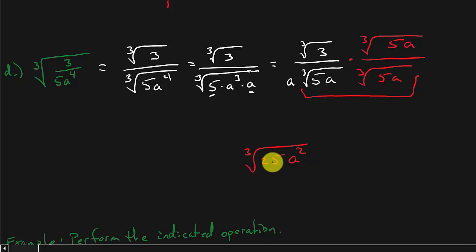Well, there's not one. What's the cube root of a squared? Well, 3 doesn't go into 2 evenly. And if I knock the 2 down, 3 doesn't go into 1 evenly. A lot of students think, well, I just multiply by whatever that is. And that's not the case.